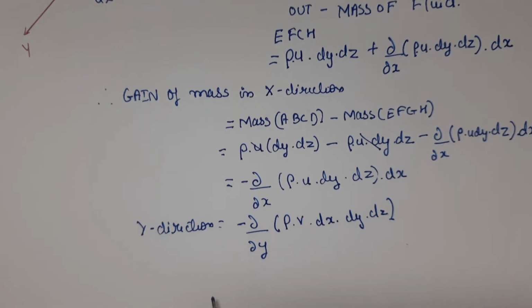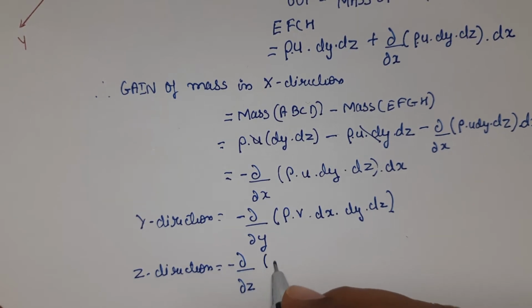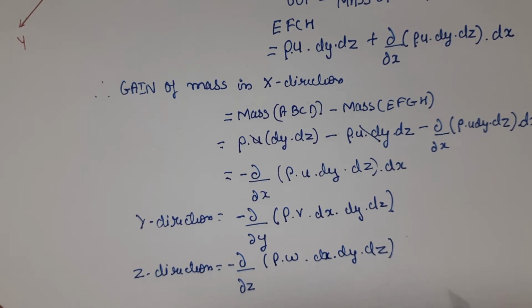This is in the y direction, and similarly in the z direction we'll have minus dou by dou z of rho w into dx dy and dz.